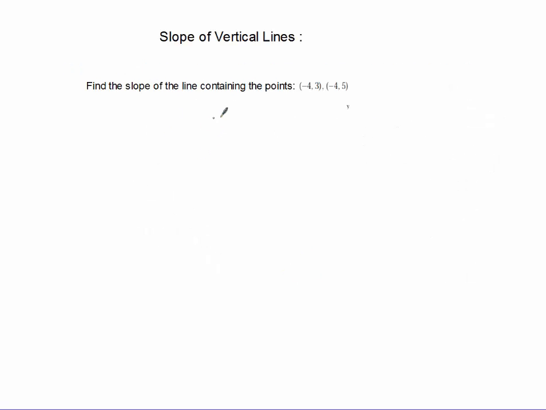In this example, we're going to look at what happens when you have a vertical line, and we're going to see what the slope is. So we'll take these 2 points that come from a vertical line, use our formula for m, or for the slope, and take, again, the difference between the y-coordinates, so 3 minus 5, over the difference between the x-coordinates, so -4 minus -4.